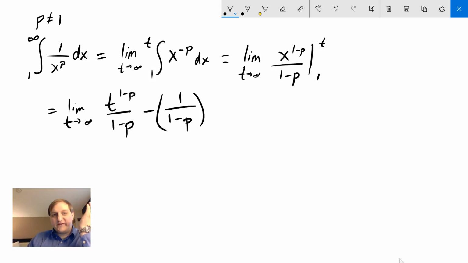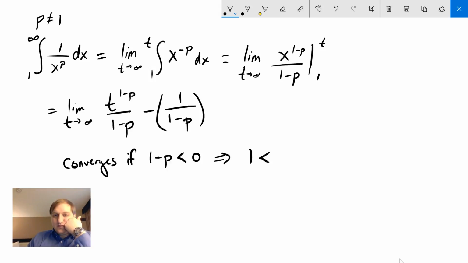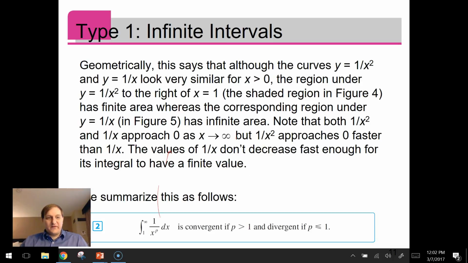Since t is going to infinity, it converges if 1 minus p is less than 0. Because we have to have a negative exponent here, which basically just says that p is greater than 1. So that's the generic proof of what we just saw.